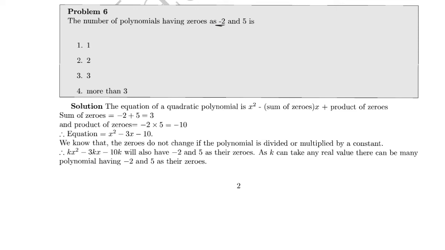So if we multiply by any k that is a constant number, or divide this equation, then its zeros are again minus 2 and 5. This is not changing any zero, so we can get as many polynomials as we want. We can multiply by as many numbers in this equation, and we can get as many polynomials. So the number of polynomials having zeros minus 2 and 5 is more than 3, that is infinite.